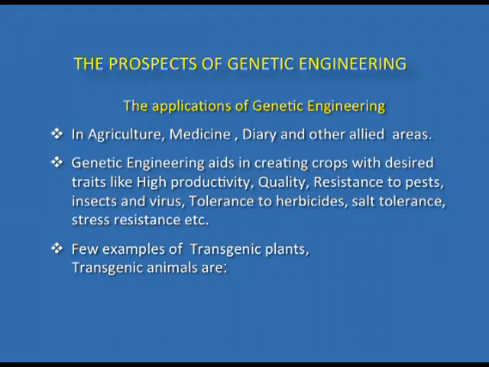Genetic engineering applications are very wide because they are applied in almost all major fields like agriculture, medicine, dairy and allied sciences. Now we will see a few examples of transgenic crops here.